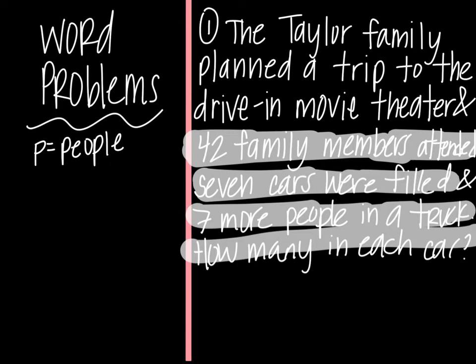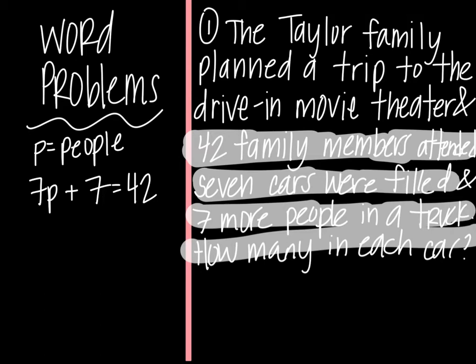So we know that 42 total family members came, so that's the side that we'll set the equation equal to. 7 cars were filled, but we don't know how many people were in each car, so we'll say 7p. More, 7 more people, more tells us to add 7.